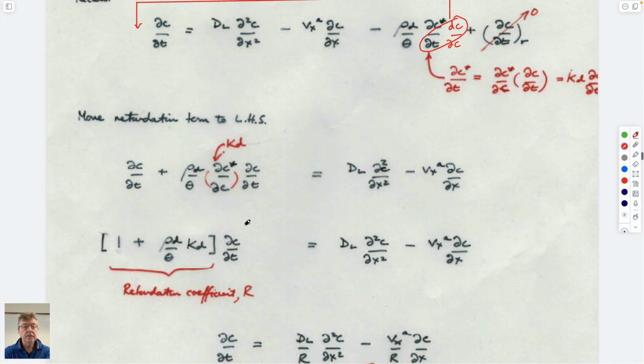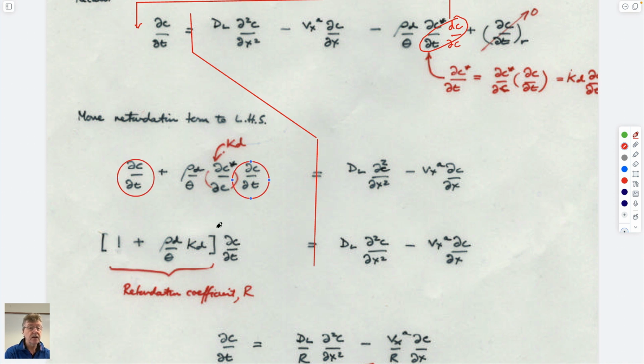And so we end up with this equation, then longitudinal dispersion, advective velocity, this and this on the left-hand side. This is just multiplied by 1, and this is density, porosity, as if it's saturated, and the distribution coefficient.